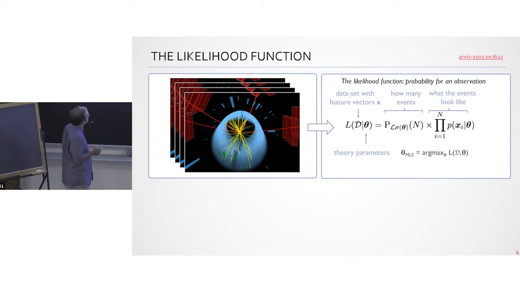The likelihood factorizes into a simple number of how many events there are. There's nothing for a machine to learn about the total number of events, so usually this is just a factor that's not very interesting, and then a factor of what the events look like.